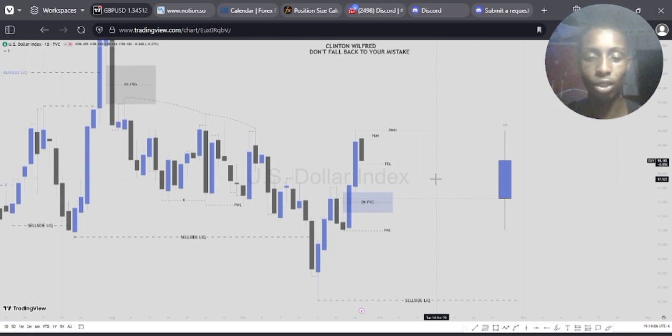So you have a setup that you are framing from a higher time frame, and you are trying to execute on a lower time frame, and that setup plays out. But on the lower time frame, you have not seen your A-plus or your key factor for entering that trade, and you're trying to force trades because your higher time frame is giving you a liquidity sweep, FVG, or maybe Asian range low or Asian range highs have been taken out.